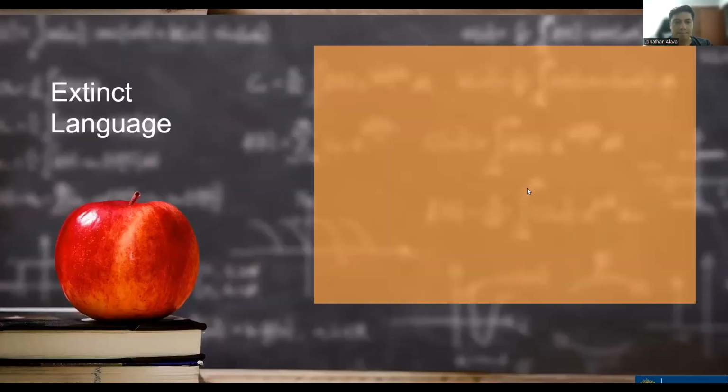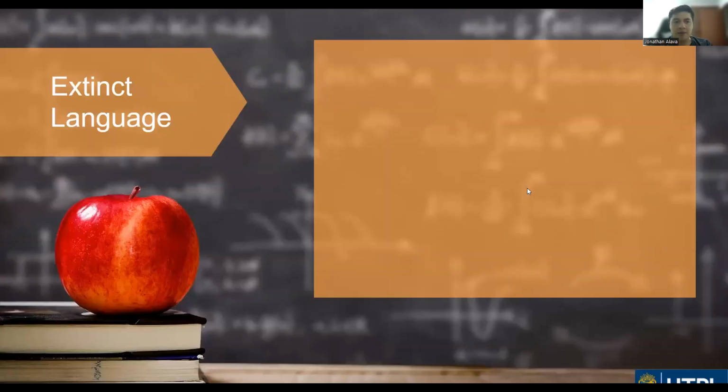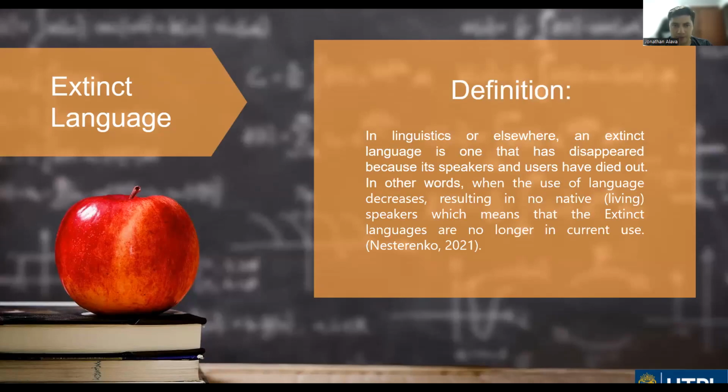Now, let's focus on the meaning of extinct language. So, an extinct language is a language that no longer exists. In linguistic terms, it is basically when the speakers or users disappear too. It's a language no one bothers to study at all.